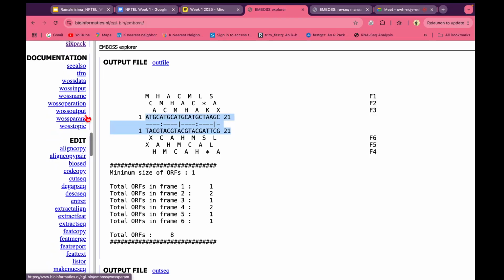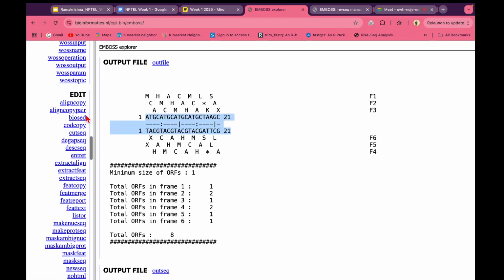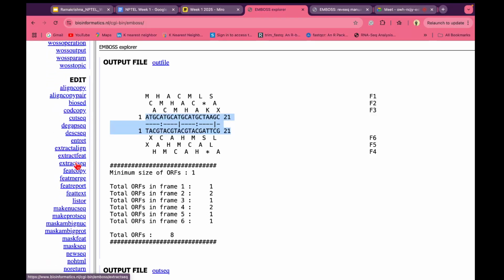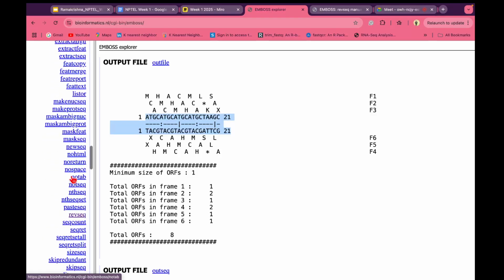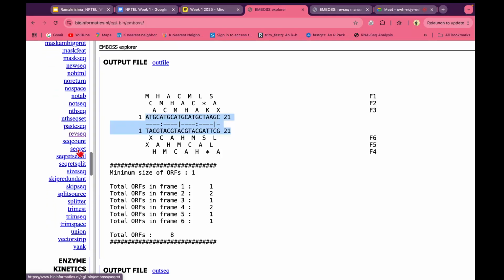Other than this, we also have n number of features, that is extract sequence features, and we also have backtranseq, which translates a protein to its ORFs or a gene sequence.